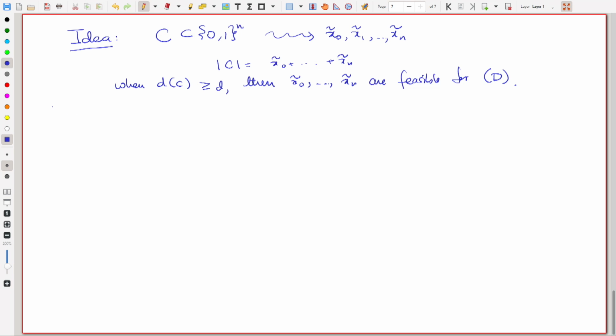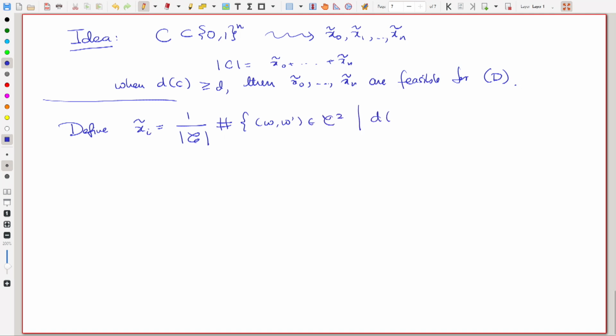So, what is the x_i tilde? We will just define x_i tilde to be 1 over the cardinality of C times the number of pairs (w, w prime) in C squared such that the distance between w and w prime is equal to i. Now, if I add over all i, then what do I get?